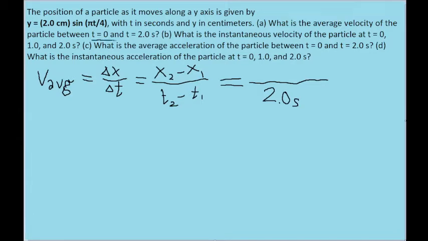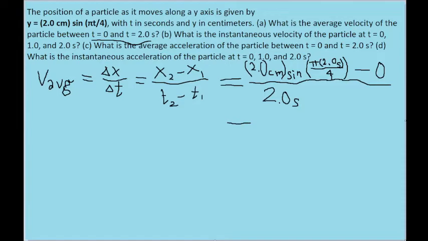For the numerator, we'll have to plug 2.0 seconds into this y formula, and then from that, subtract the same formula, but with 0 substituted in for t instead. Now, of course, basic trigonometry knowledge will tell us that if we plug 0 in for t inside of a sine function, the whole term becomes 0, so to save myself some space, I just wrote minus 0 for the second part of this.